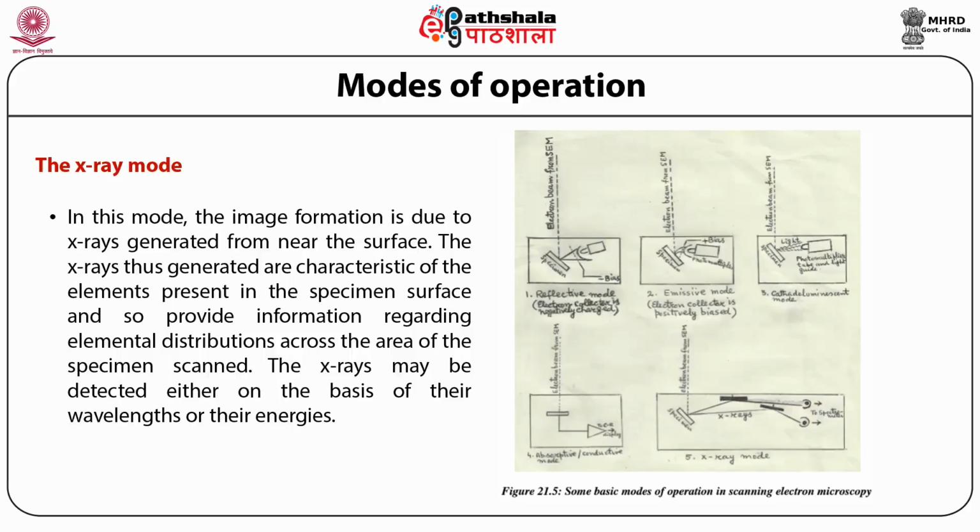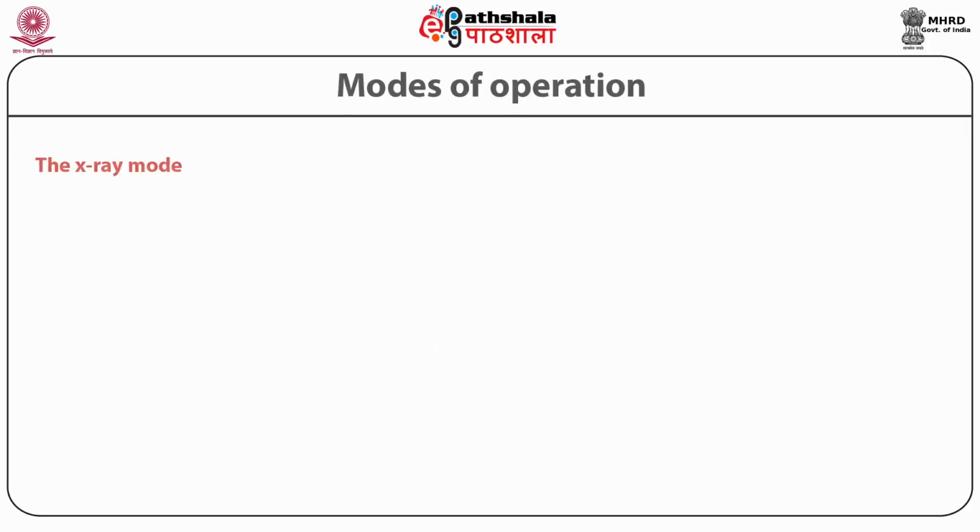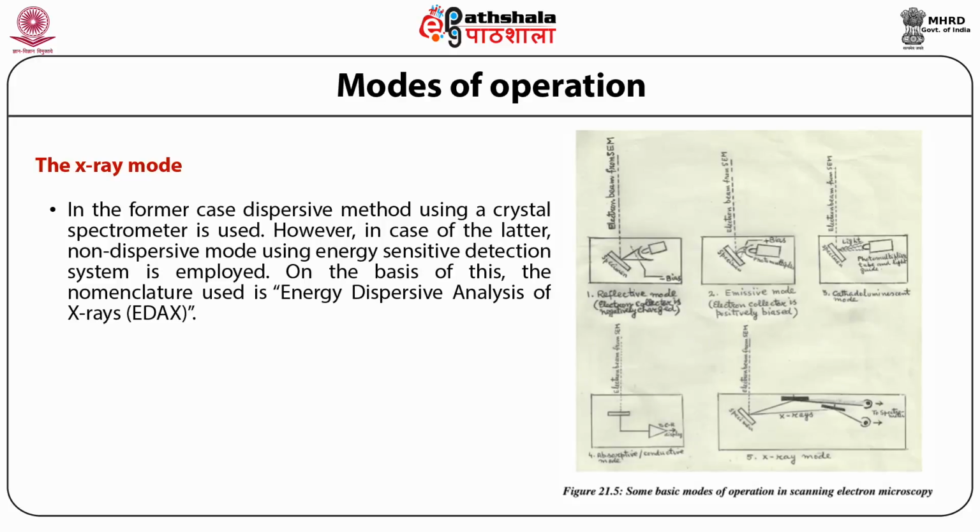The X-rays may be detected either on the basis of their wavelengths or their energies. In the former case, the dispersive method using a crystal spectrometer is used. However, in case of the latter, the non-dispersive mode using an energy-sensitive detection system is employed.